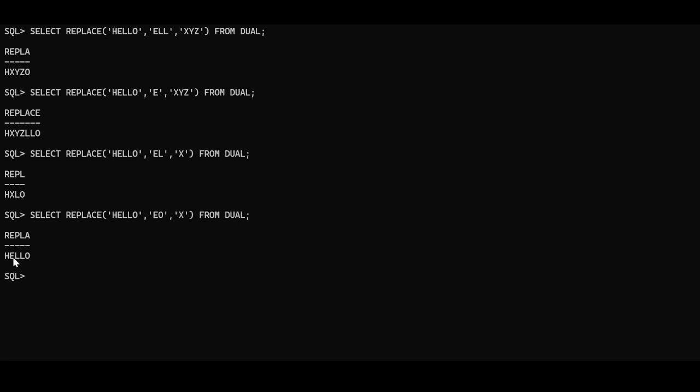To perform that functionality, the replace option will not perform it. Why is it not performing that functionality? Because E is somewhere here and O is somewhere here. They are not in the sequential order. You have picked these two characters from two different places, and you are trying to replace that with x. So this will not get recognized, and that's why the output is unchanged.